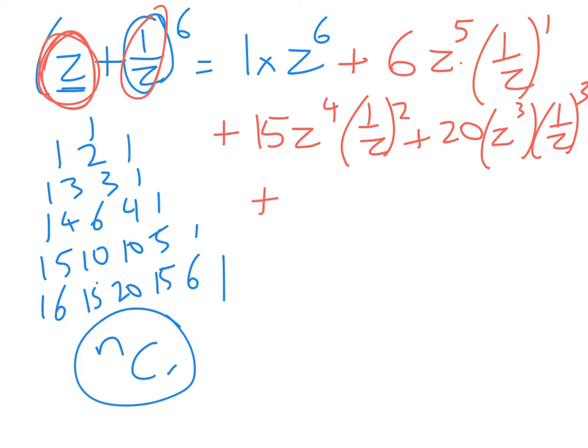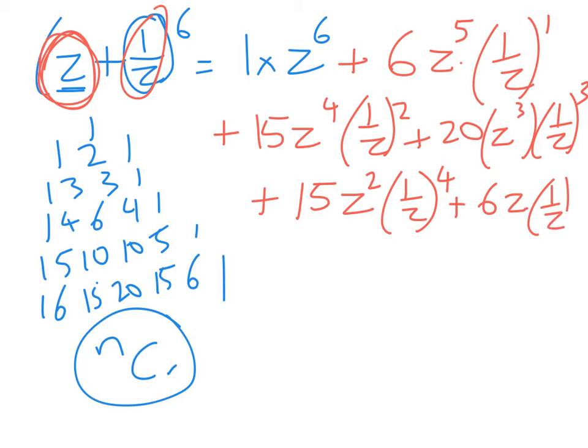And you can start to see that a whole lot of stuff is going to collect up. Z squared, 1 over z to the 4, plus, where am I up to, 6 z times 1 over z to the 5, plus, we're now 1 times 1 over z to the power of 6.